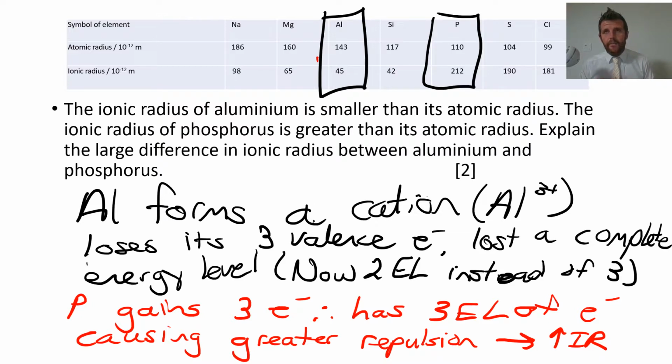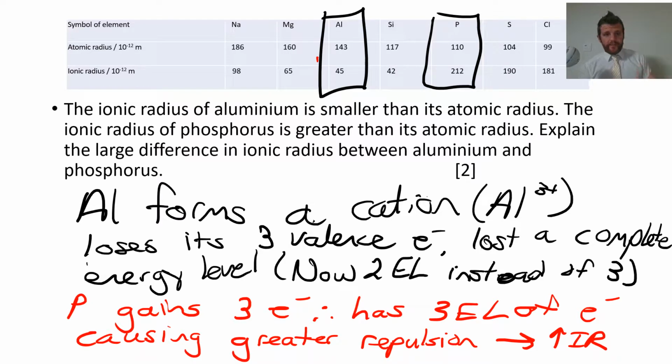So the ionization energy of aluminum is lower compared to phosphorus, where it's actually going to be higher. In other words, it's easier to remove electrons from aluminum than it is to gain due to the atomic radius. It's more energetically stable. And then the reverse process is the same for phosphorus.